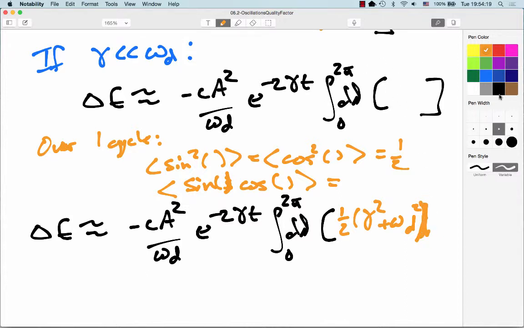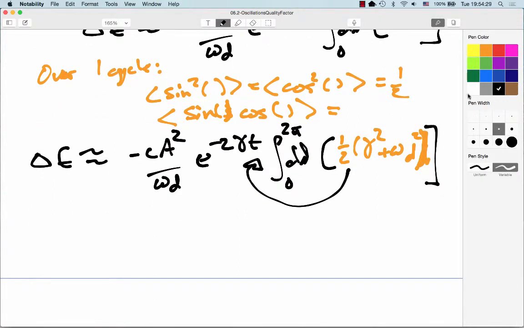And that's it. Well, all right then. I could just as easily have pulled that out of the integral because that's a constant. So then I'm left with just the integral of 0 to 2 pi d theta, which is 2 pi.